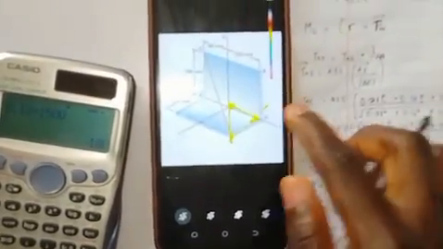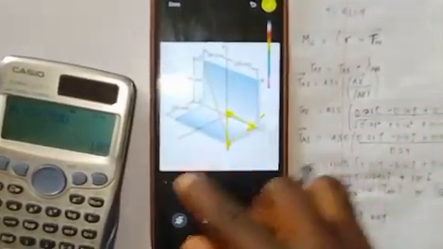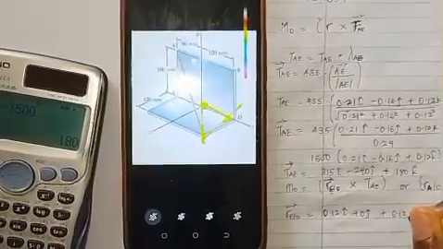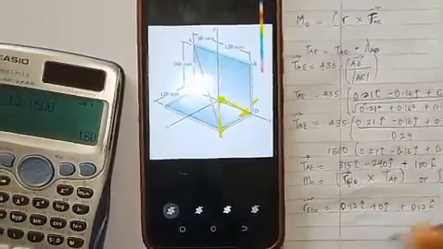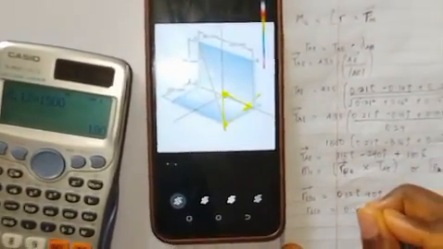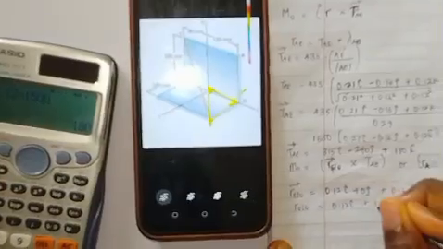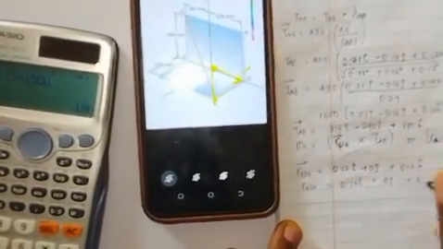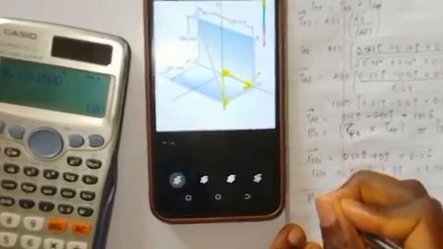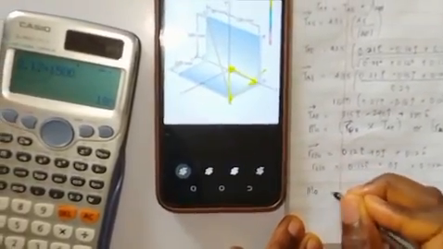And for our Z axis, we are coming in the positive side, plus 0.12 in K direction. So our R of E/O should be equals to 0.12I plus 0J plus 0.12K.